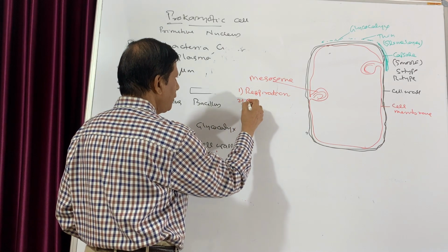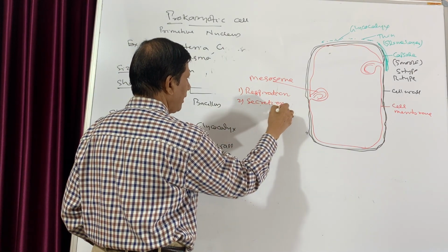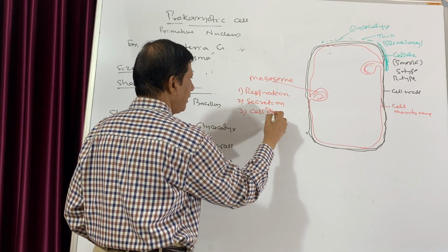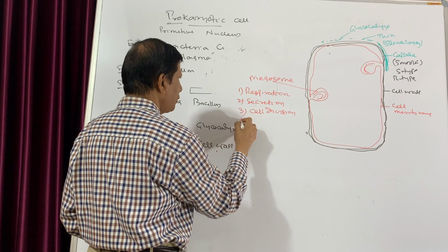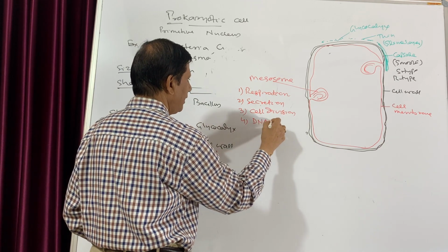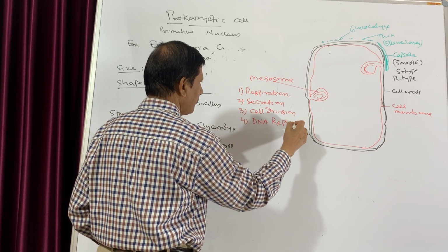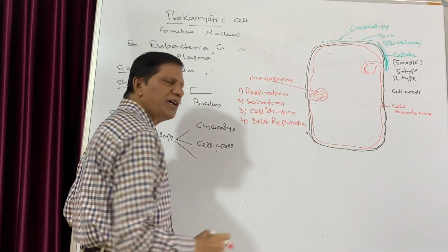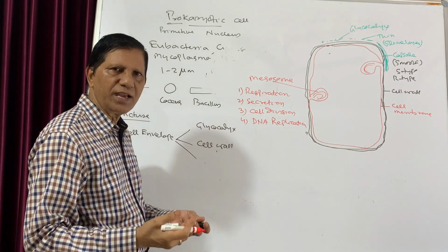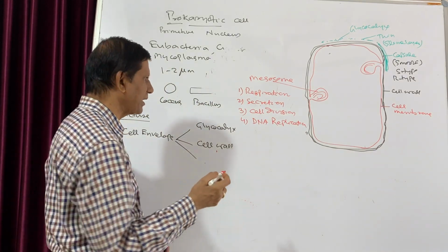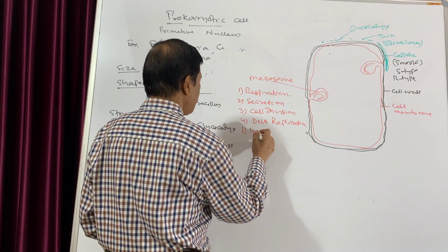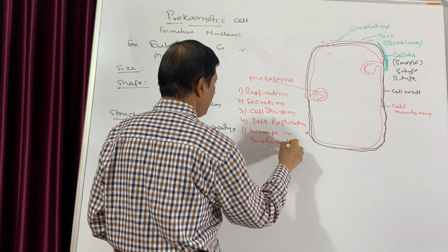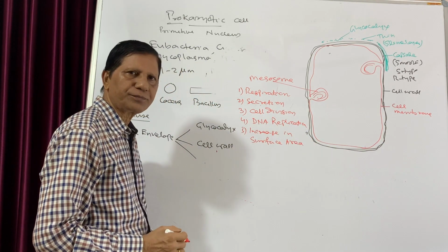It also carries out secretion. The third, it helps in cell division, and also it helps in DNA replication. Since it is folded several times, it increases the surface area so that there can be a maximum number of physiological activities. These are the functions of the mesosomes.